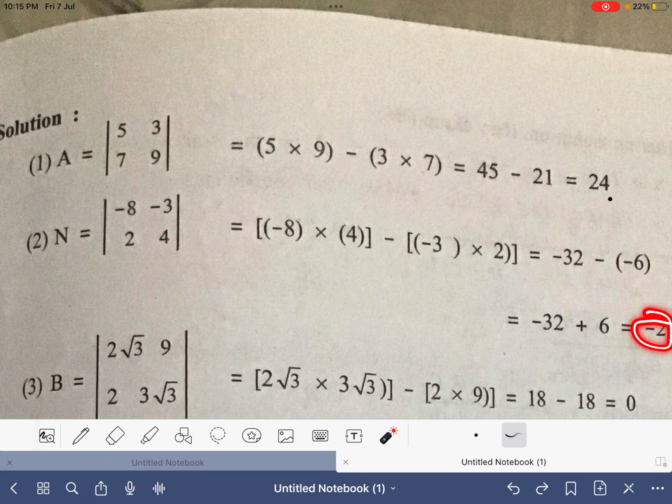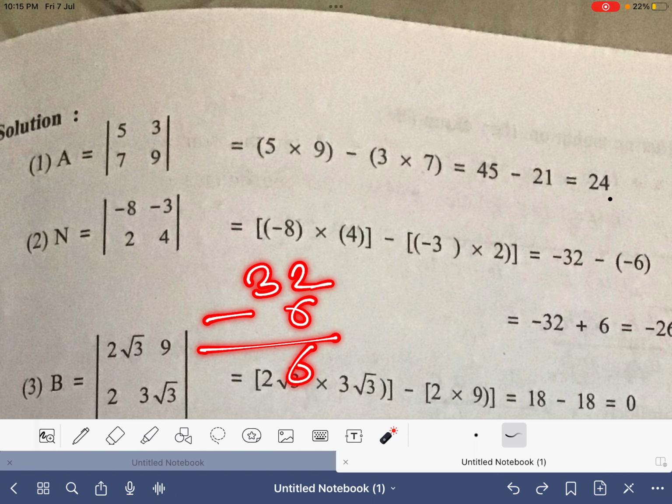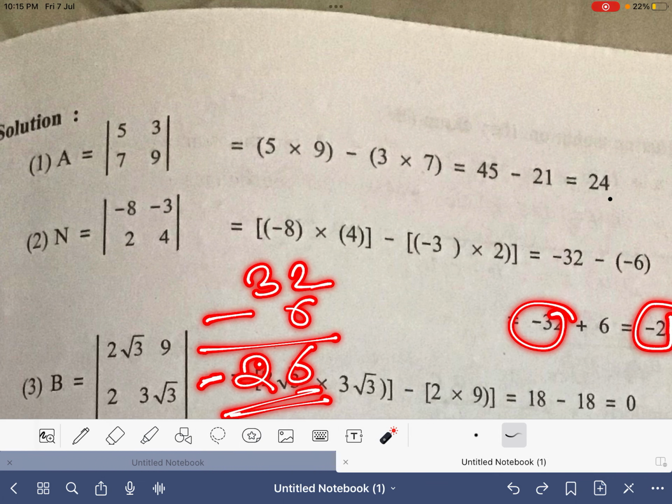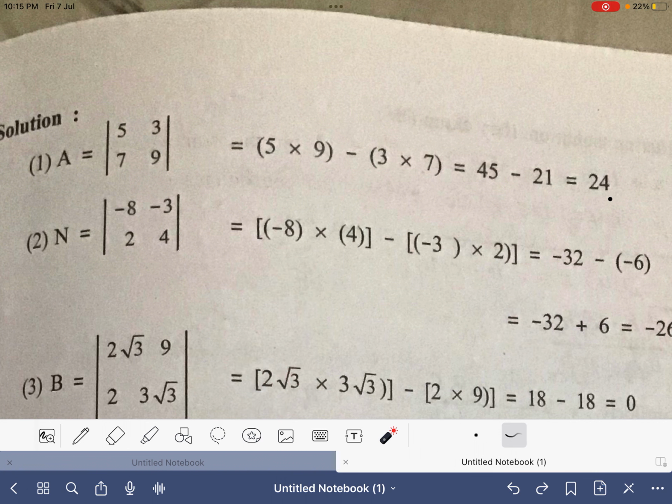So actually we have to find out the value. 32 minus 6, so 6 plus 6 is 12, carry 2 and 1, so our answer is 26. But this is the bigger term, which is negative, so we have to write a minus. So your answer is minus 26.